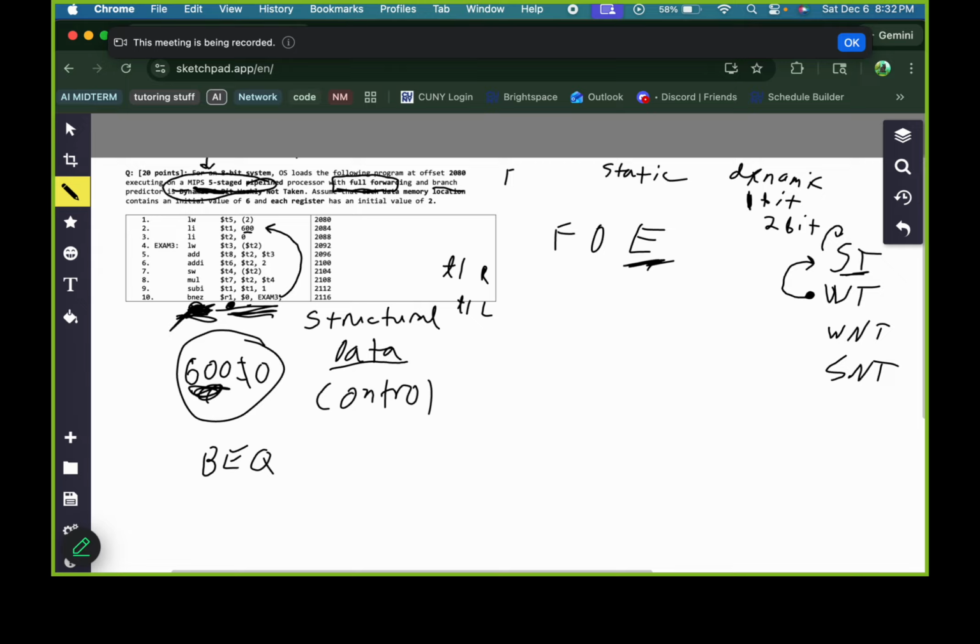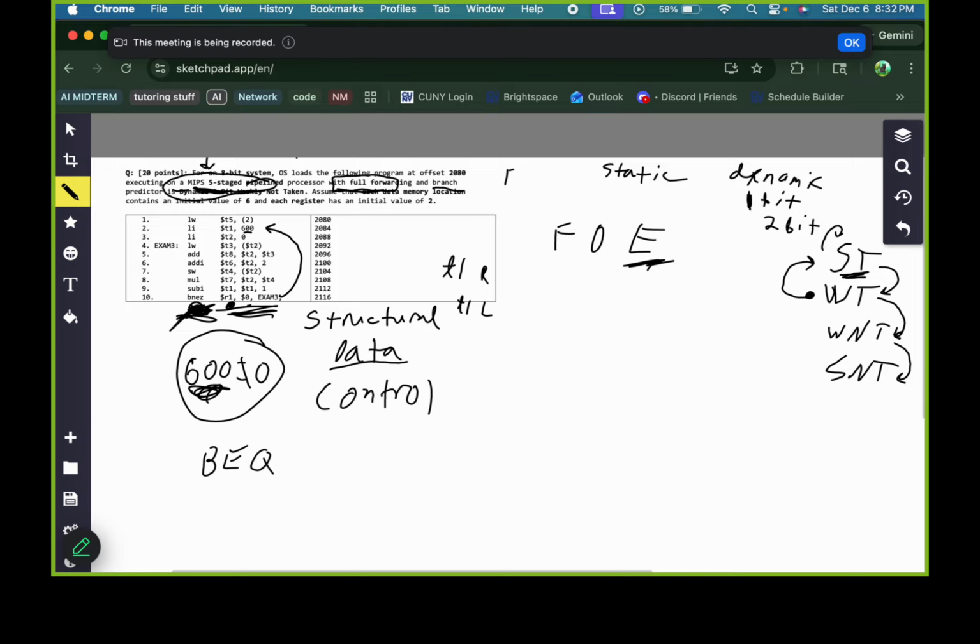But now, what if it tells me, take the branch, but I'm not supposed to take the branch? I get demoted one. And then what if it happens again? Weakly taken tells me to take the branch, but I'm not supposed to take the branch. Weakly not taken. Now, weakly not taken tells me don't take the branch, and let's say I'm not supposed to take the branch.